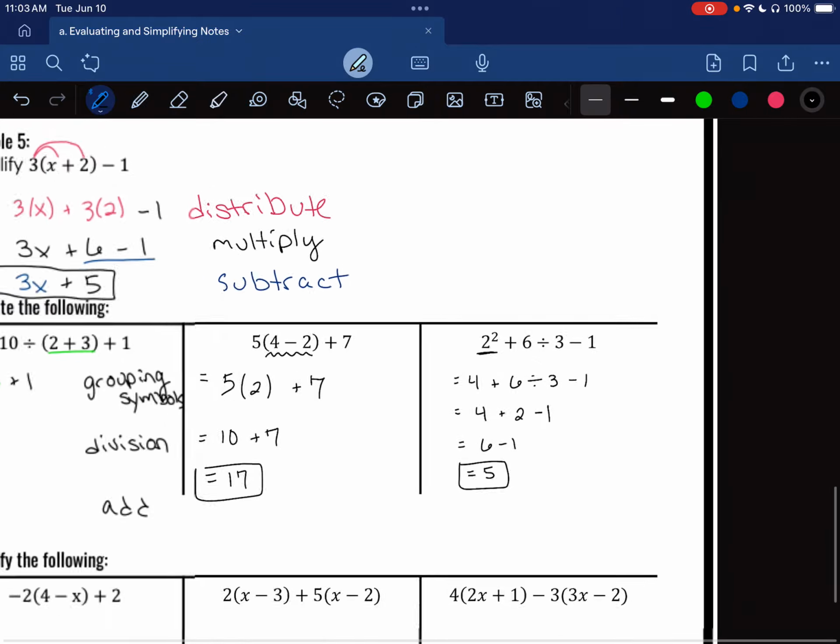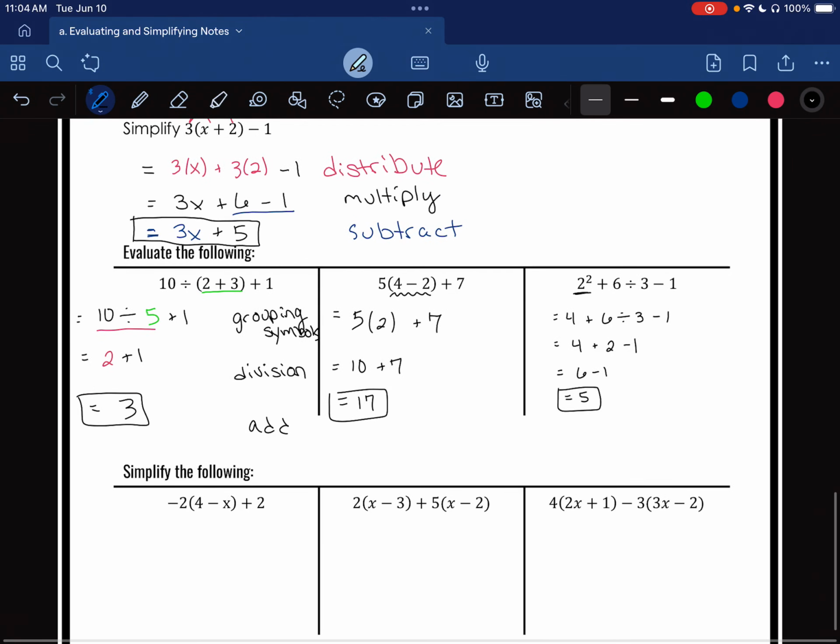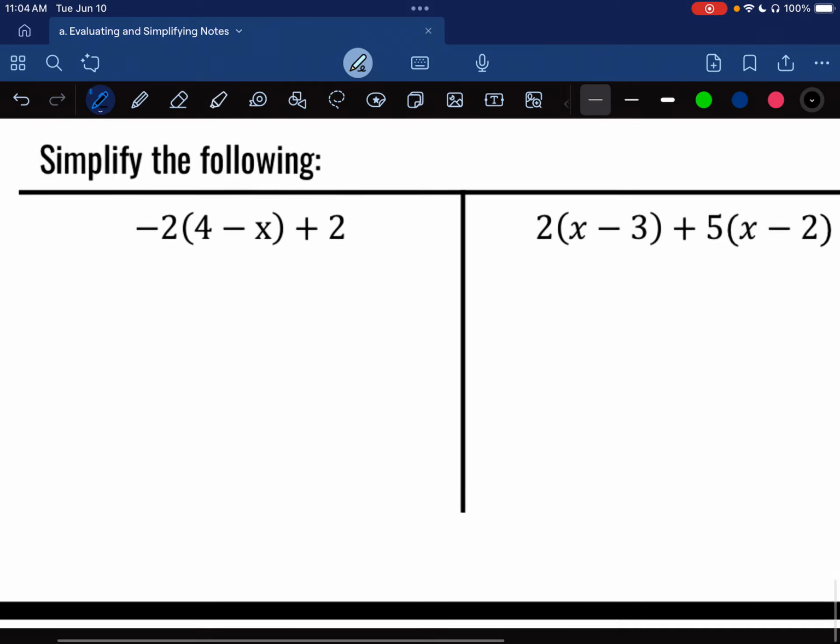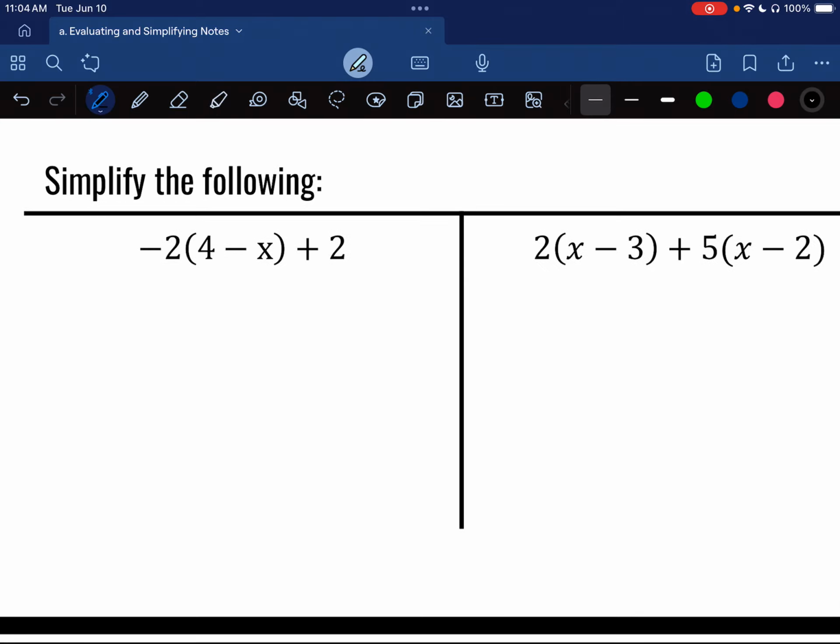Let's go over the simplifying ones here. Okay, so I have negative 2 times 4 times minus x. I'm going to distribute that in. So I'll end up with negative 8 plus 2x, right? Because that negative times another negative is going to be positive.